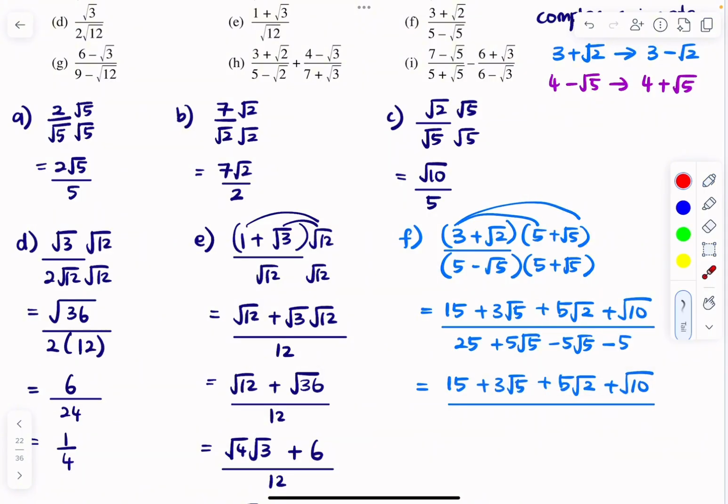And then the bottom one, this will go missing. So 25 minus 5 is 20. That's it, we can stop here, because 15 and 20 can simplify, but this one has nothing to simplify. So we just leave it like this. Done.